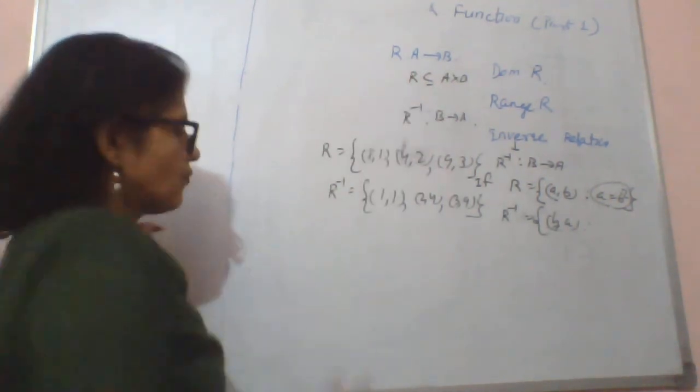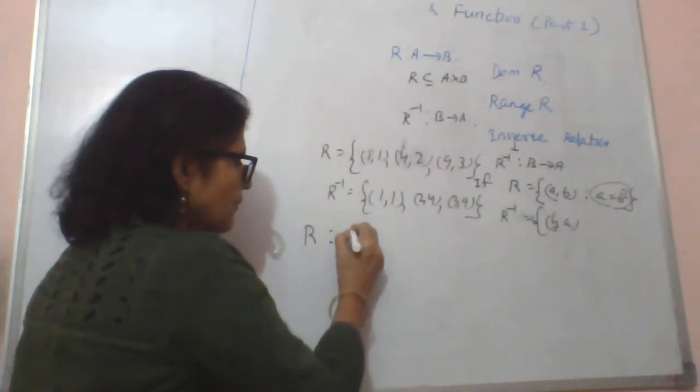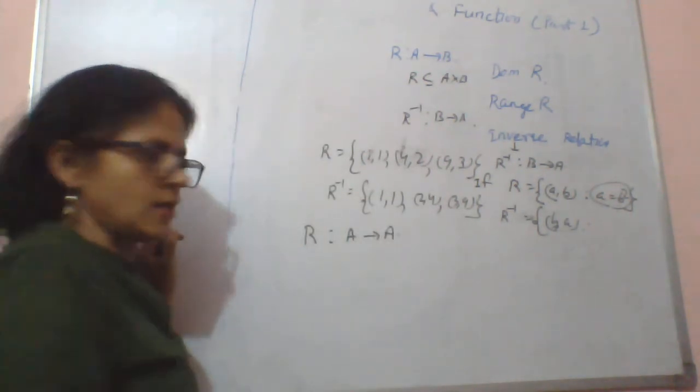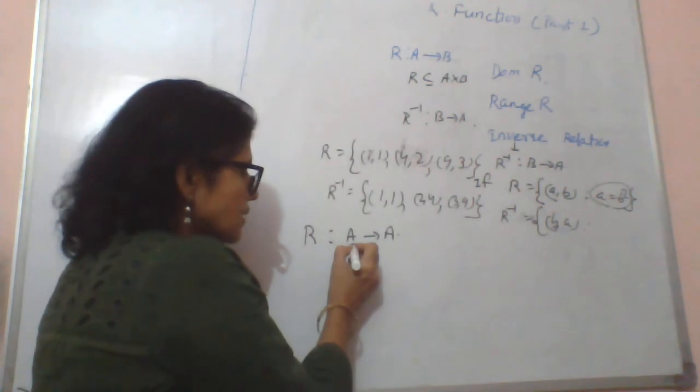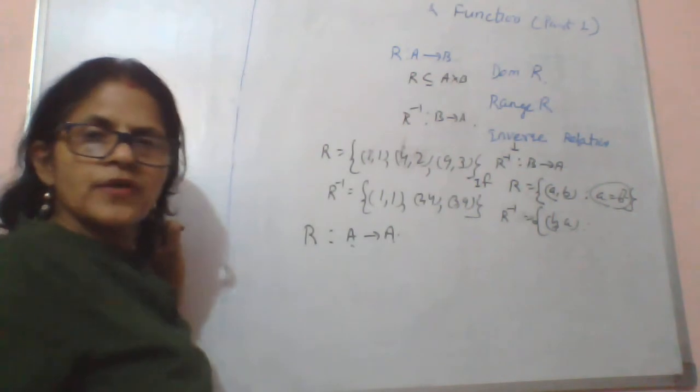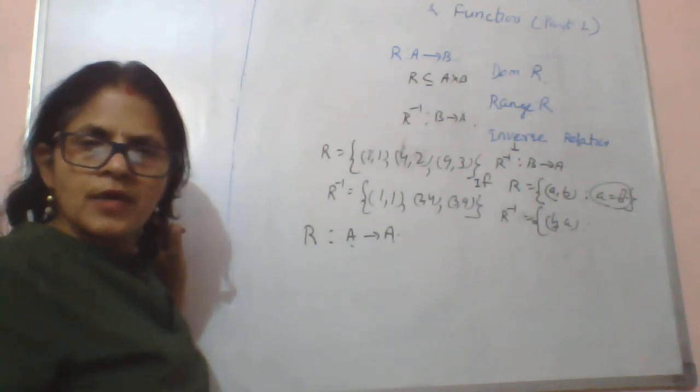And if we have relation from A to A, which we are going to study in 12th standard, if the relation is on the same set, R is a relation from A to A. It doesn't mean you will not have ordered pairs.